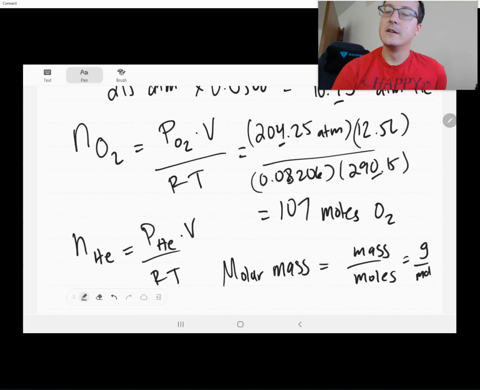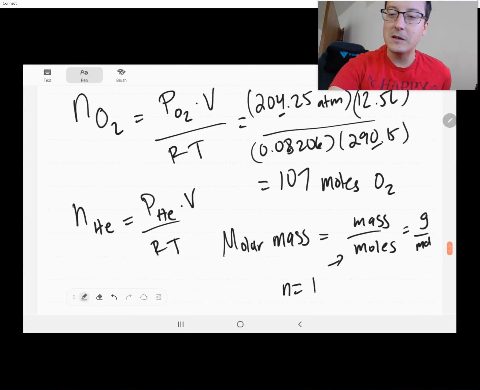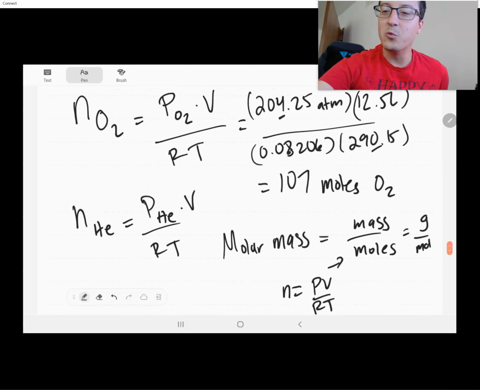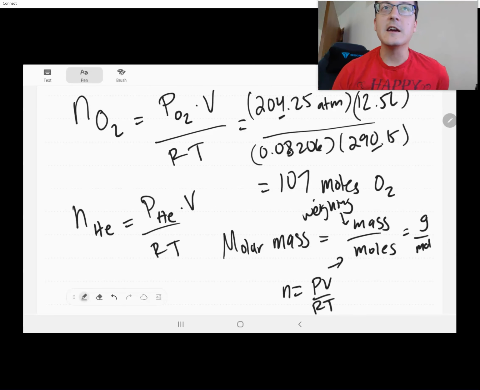So whatever moles you calculate from n equals PV over RT, and then the mass that you've got from weighing it, that's how you're going to put those guys together, okay? So make the units happy.